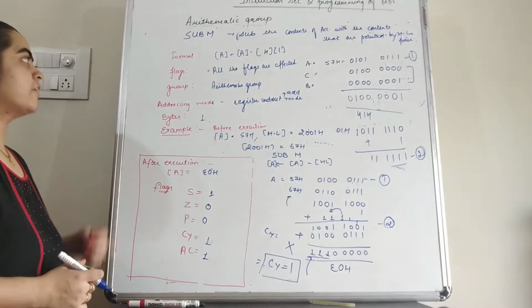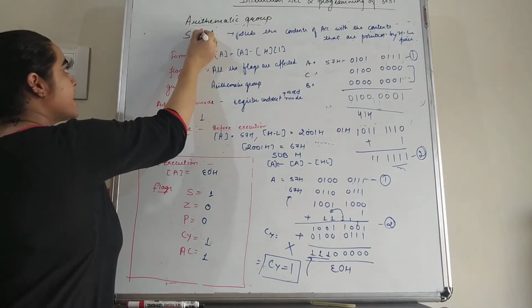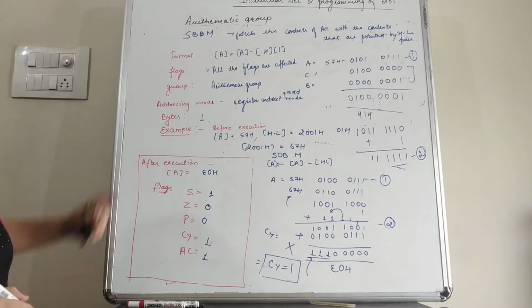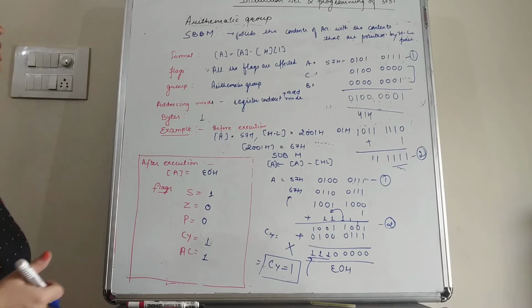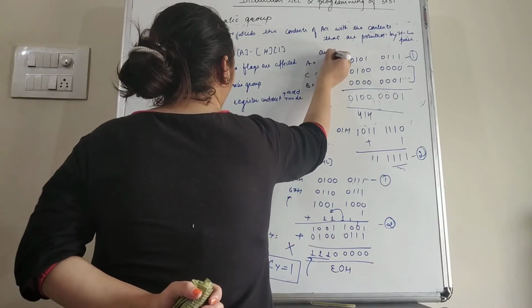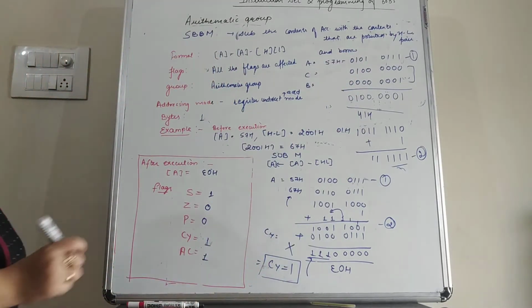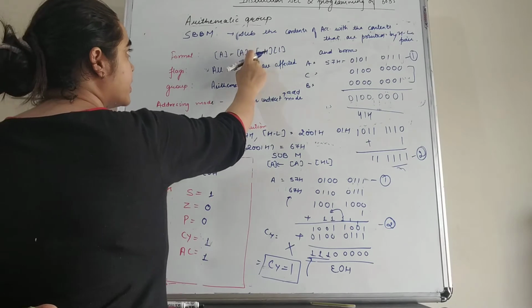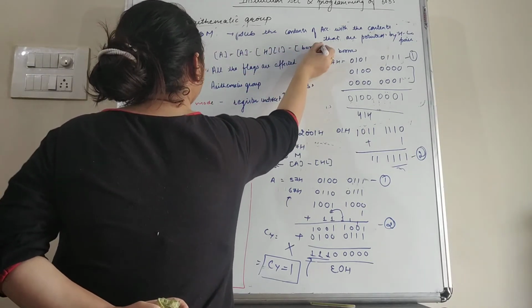Now students, after this instruction, the next instruction we have is SBB M. SBB M means subtract the contents pointed by the HL pair from the accumulator, and borrow. So here we have to subtract borrow also. So contents of accumulator minus HL pair contents minus borrow.